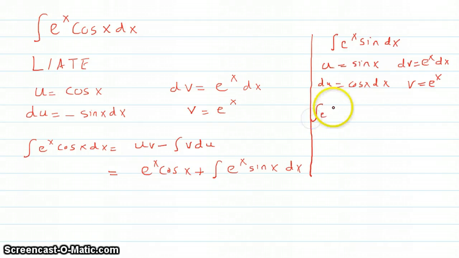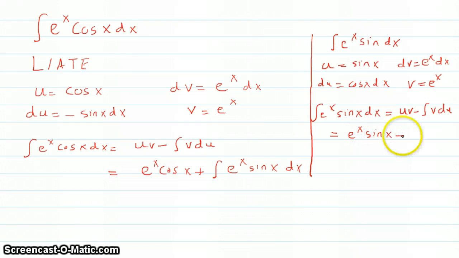Therefore, the integral of e to the x sine x dx is equal to uv minus the integral of v du, and that's equal to e to the x sine x minus the integral of v du, that would be e to the x cosine x dx.